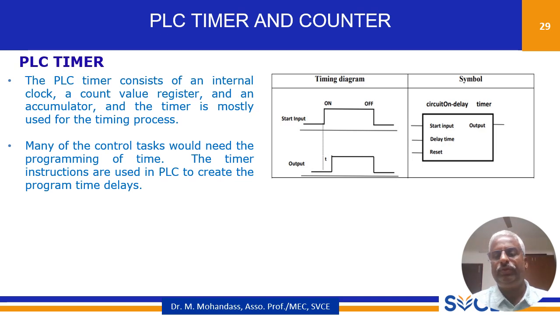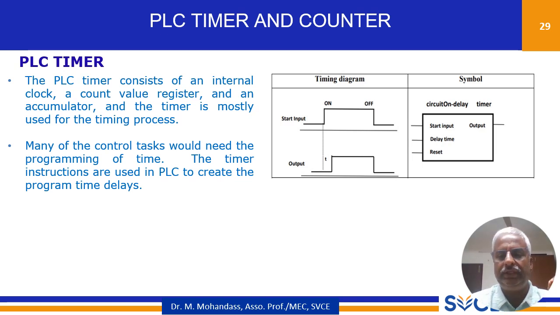The delay time is how much time we would like to delay the output, in terms of seconds or microseconds, depending upon the type of PLC. Mostly we use microseconds. If it is 1000, it is equal to 1 second. 2000 means 2 seconds delay.